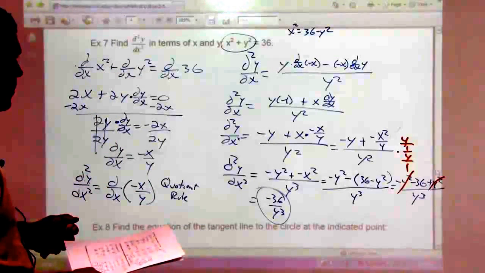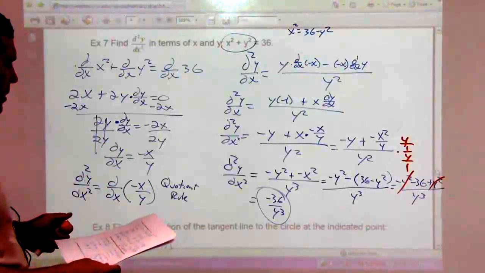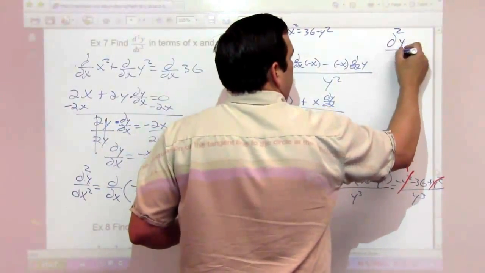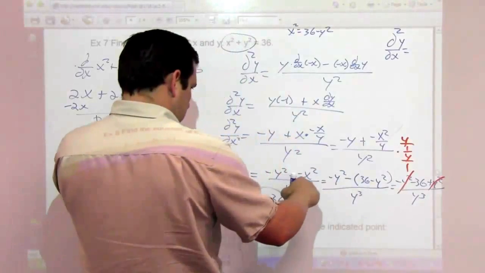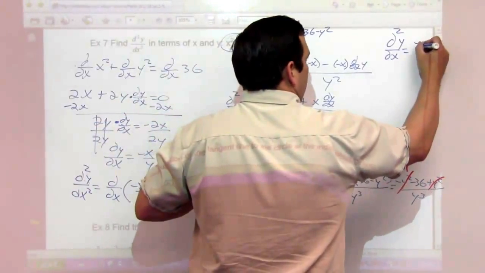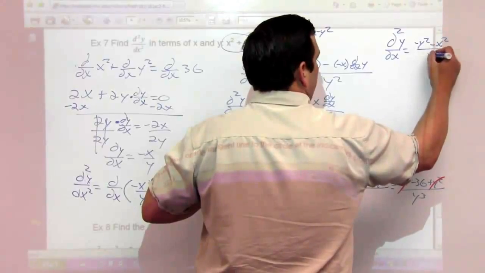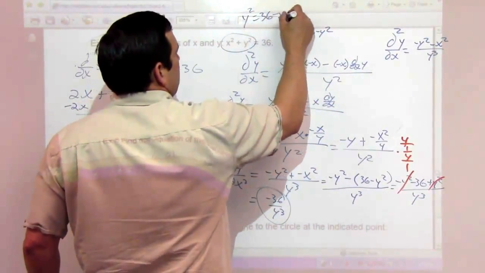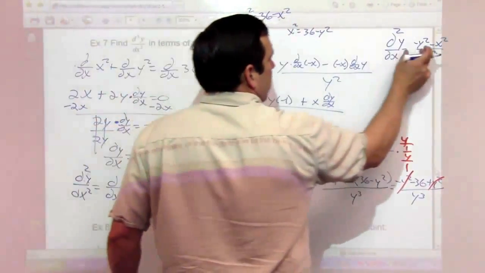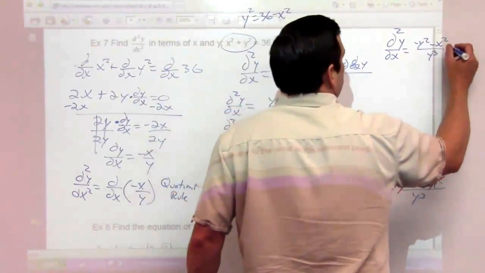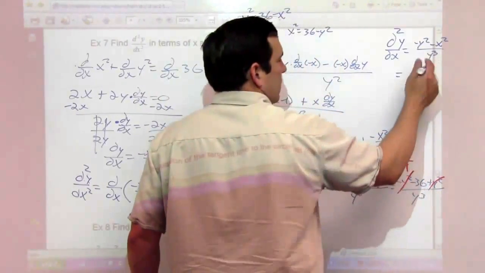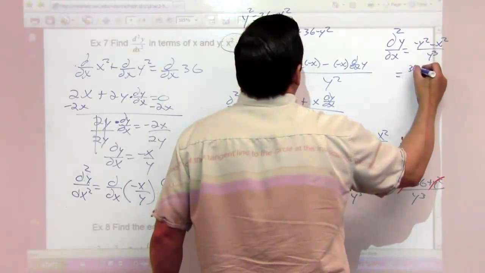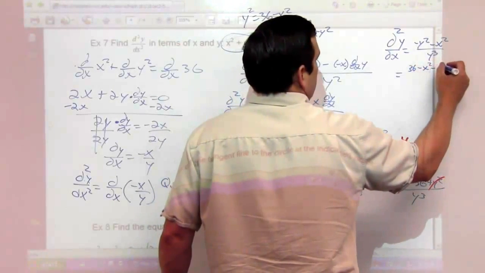Let's find it in terms of x. Now if we take our second derivative of y with respect to x equals this part, negative y squared minus x squared over y cubed. And coming back to here, y squared equals 36 minus x squared. If we take this part and put it in place of the y's, putting this in place of the y squared, it's going to be 36 minus x squared minus the x squared.